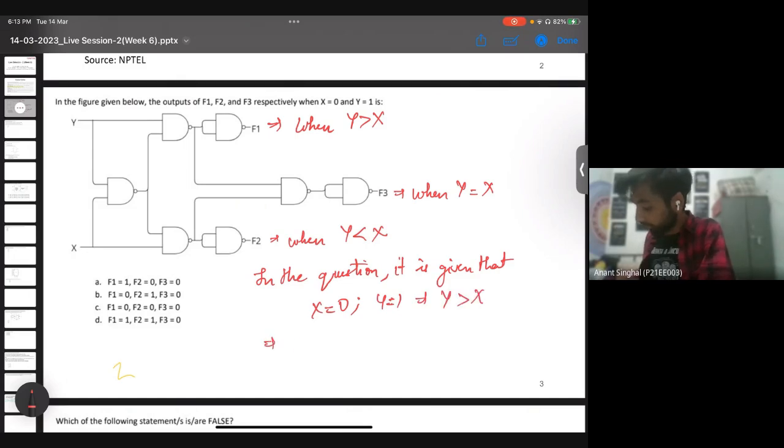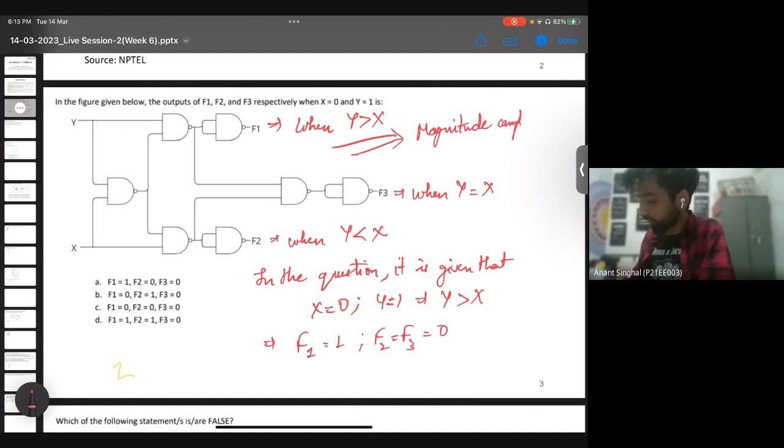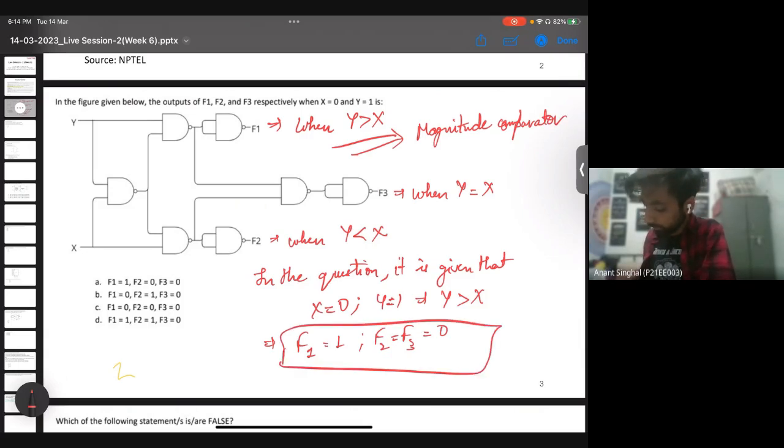So for this, what we want is our F2 should be 1 and the rest of the terminals should be 0. So this circuit is nothing but a magnitude comparator. So the correct answer to this question is option number A.